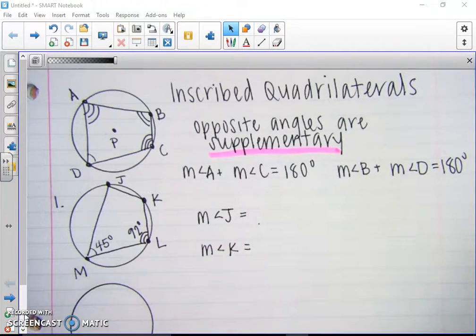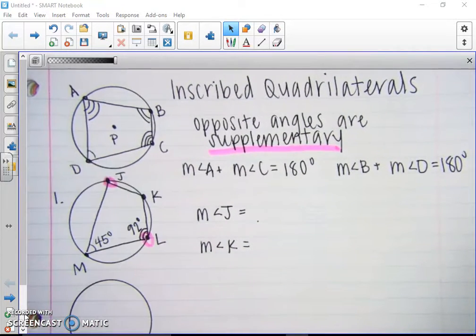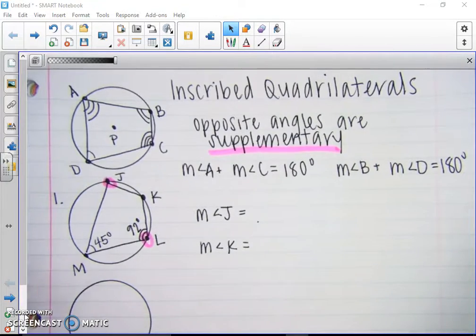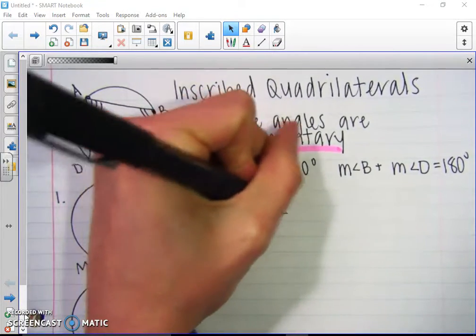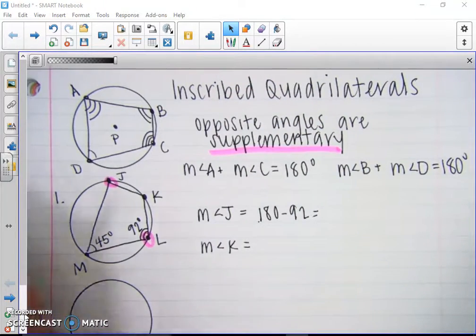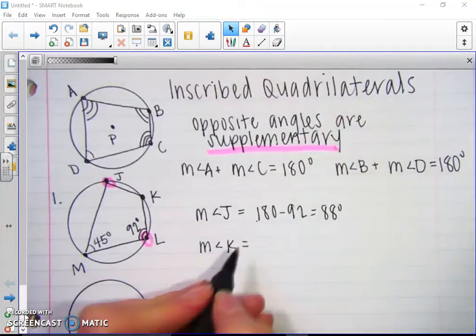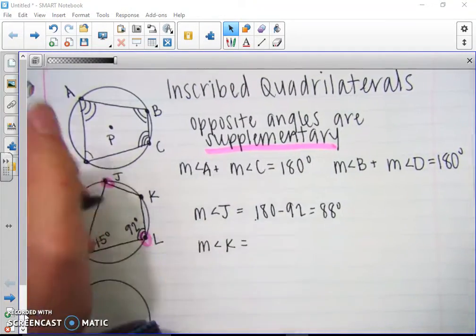L. So J and L together must add to 180. We take 180, subtract 92, and it leaves us with our supplementary angle, which is 88 degrees. So the measure of angle J is 88 degrees.